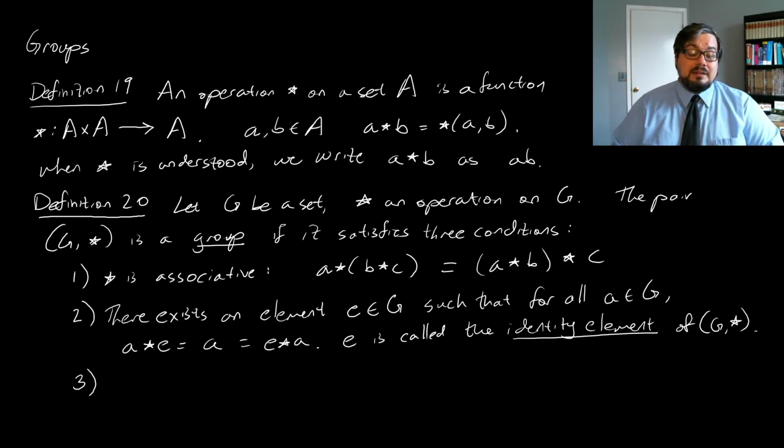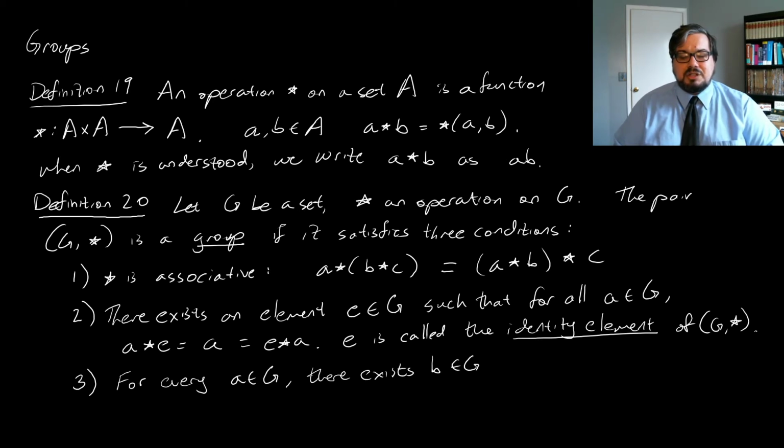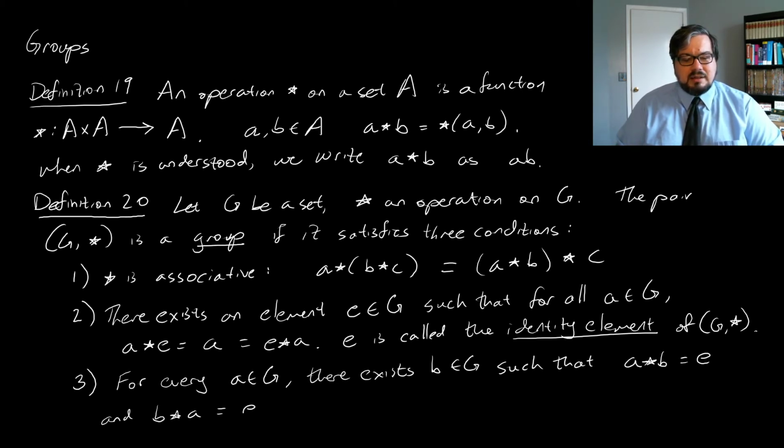And then finally, part 3 is the following. For every element a in G, there exists another element b in G such that a star b equals the identity and b star a equals the identity.